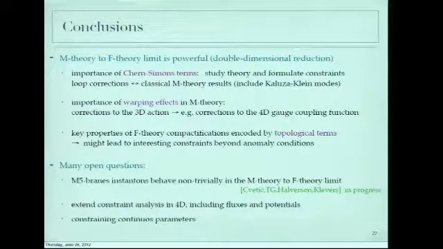I told you that Chern-Simons terms are very important to study the effective 4-dimensional theory, include loop corrections and so on. So loop corrections can map to classical corrections in this duality. I stressed that it's important to include warping effects in M-theory if you want to compute, say, alpha prime corrections.